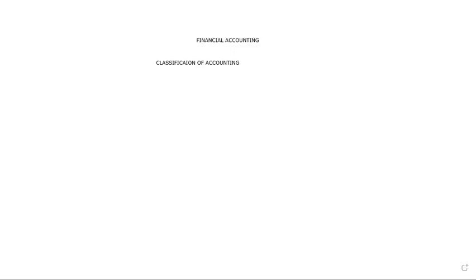What is my intention in recording all these things? I want to make it as simplified a format as possible, so that it becomes very easy for me, because there are n number of transactions happening in my business. It should be very easy for me to understand it and record it in my books of accounts.